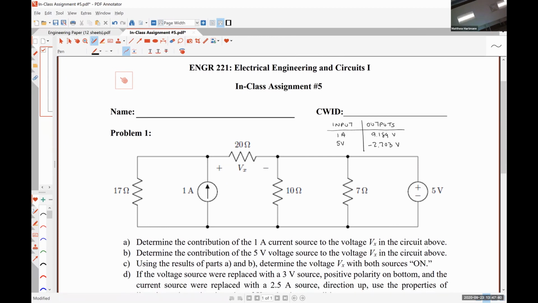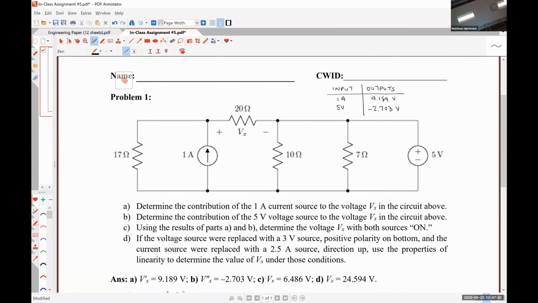So in part D of this problem, we are told that if the voltage source were replaced with a 3-volt source, positive polarity on bottom, okay? So what we're doing is we are scaling our original 5-volt source to be a 3-volt source. So what number do I need to multiply 5 by to get 3?